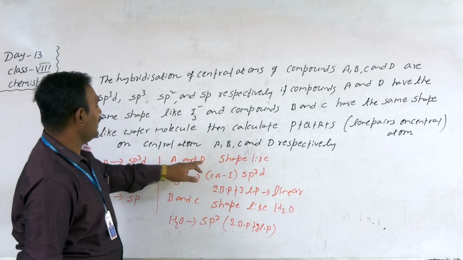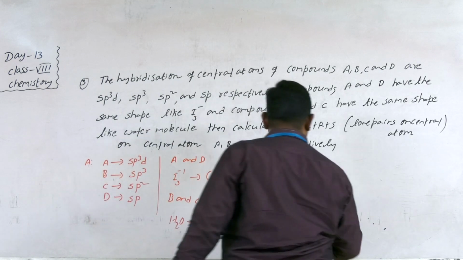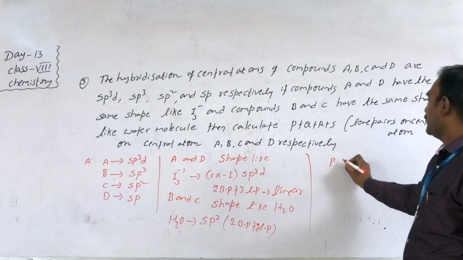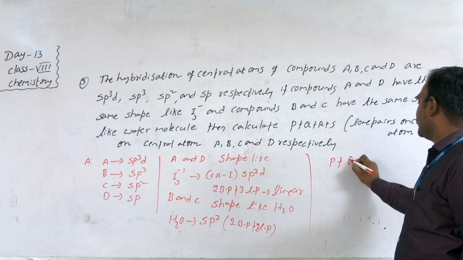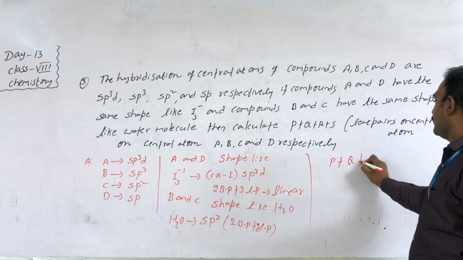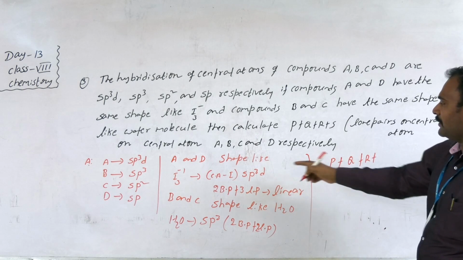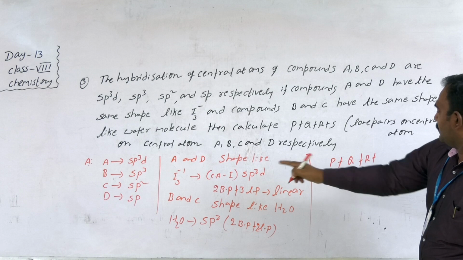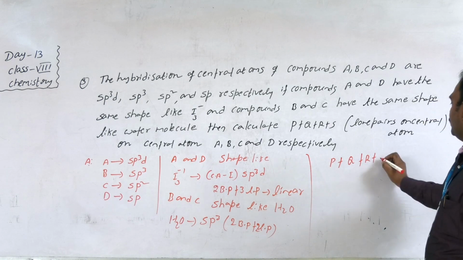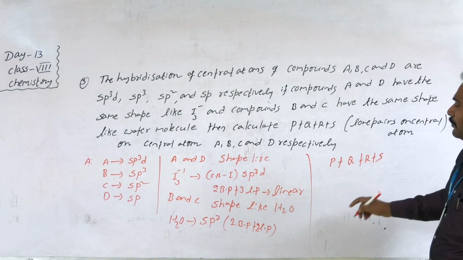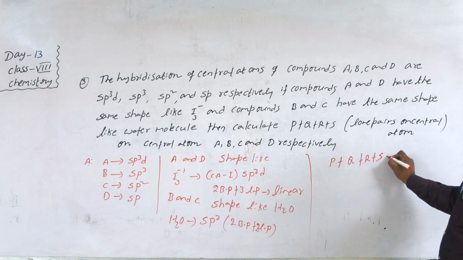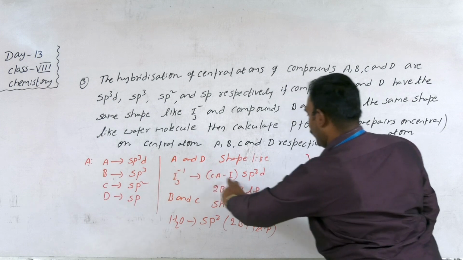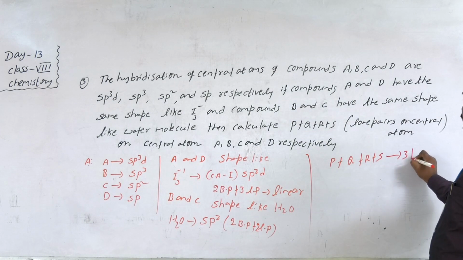Now see here, P is the number of lone pairs present in compound A. Next, Q is the number of lone pairs present in compound B. Next, R is the number of lone pairs present in compound C. Next, S is the number of lone pairs present in compound D. Coming to here, the number of lone pairs in A, how many lone pairs are there? 3 lone pairs.